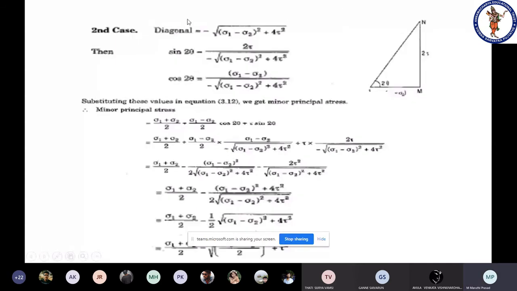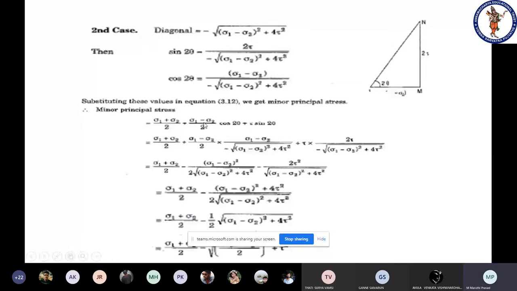So the diagonal is a negative value. So sin 2 theta is opposite side by diagonal, that is 2 tau by minus root of (sigma 1 minus sigma 2) whole square plus 4 tau square. Cos 2 theta is adjacent side by hypotenuse. Now we are substituting those two values in that particular equation.